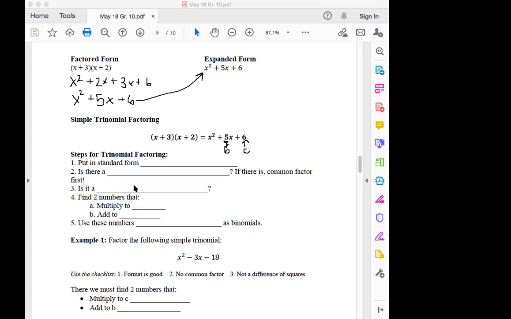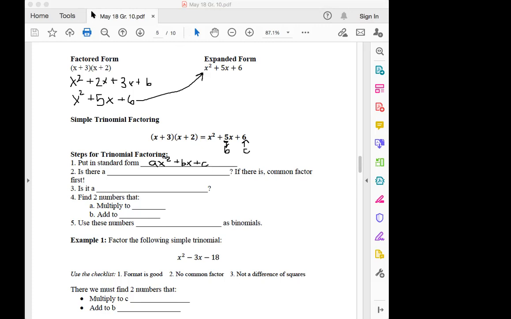Okay, so our first step to factoring these is to make sure that it's equal to 0, so that it's in our standard form of ax squared plus b times x and then plus c.